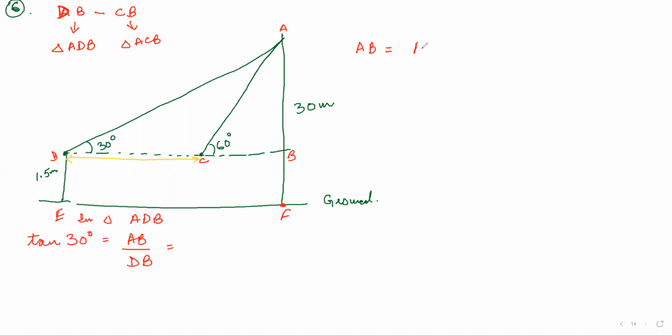So AB means your complete length AF minus BF. Now AF is actually 30 meter and BF is same as DE. This is also 1.5, right? So minus 1.5 meter. So that comes out to be 28.5 meter. That's the value of AB.